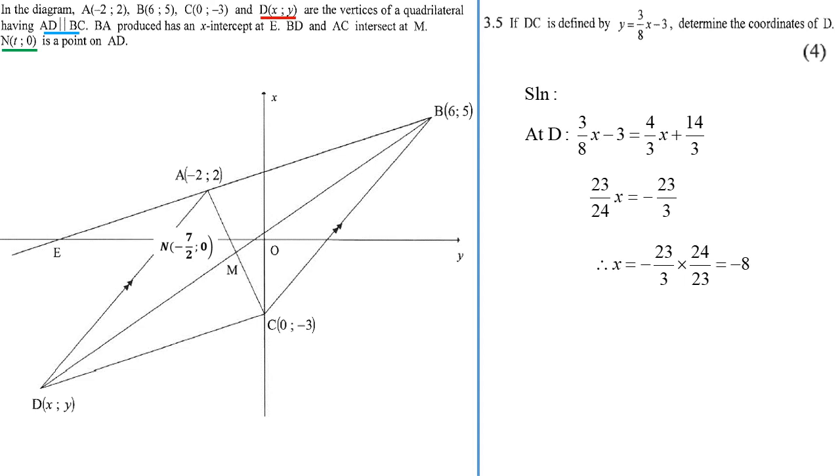Then you take minus 8 and substitute it in any of the equations because they are equal at this point. So you can either substitute it in 3 divided by 8 x minus 3, or you can substitute it in 4 divided by 3 x plus 14 divided by 3. The answer will still be the same. But it is important to choose a simplified version of the equation.